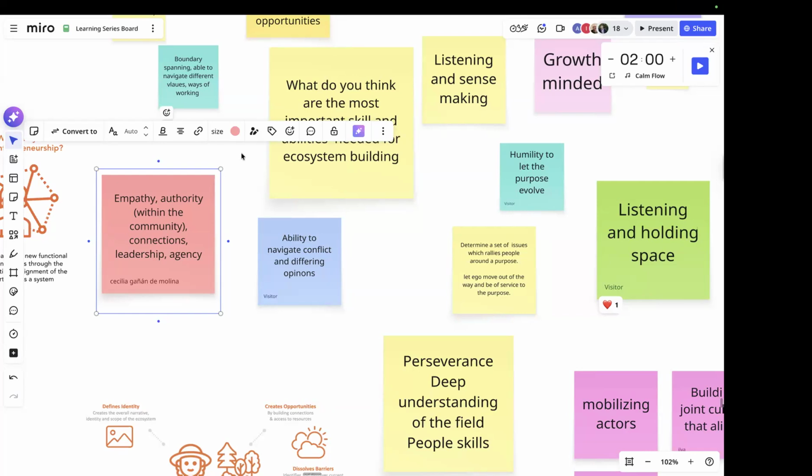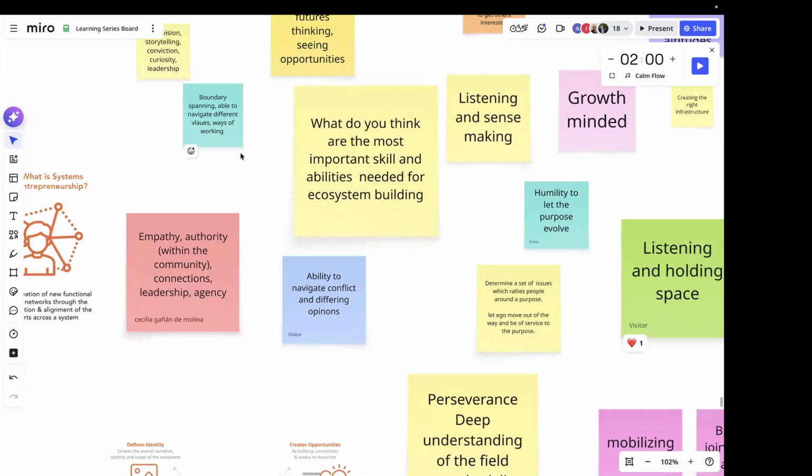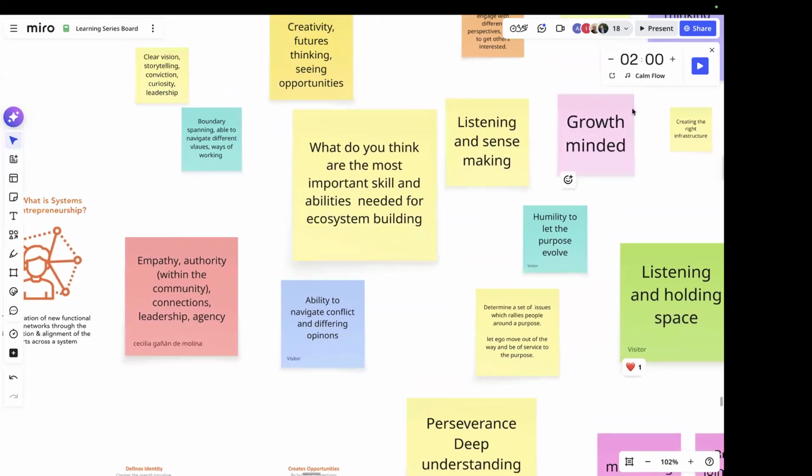Yes, Cecilia. I think from my experience, these kinds of features are really important to be able to build an ecosystem, because the leaders who try to gather key actors need to be recognized among the community.